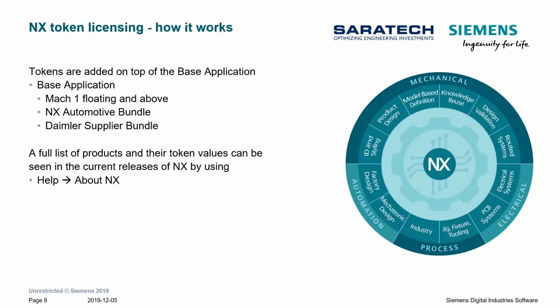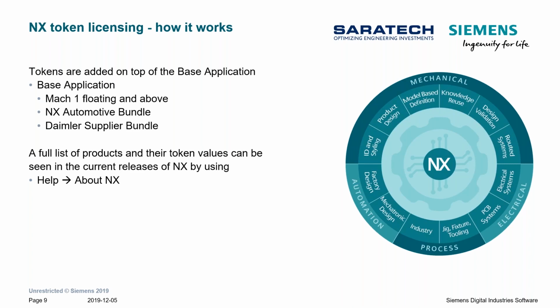Now, a few things about how tokens work. Tokens are not a replacement for your existing core product sets. So tokens add on top of a base application. So, for example, base applications can be Mach 1 floating and above, or maybe some of you might be in the automotive area and are using the automotive supplier bundles that have part numbers beginning AS.